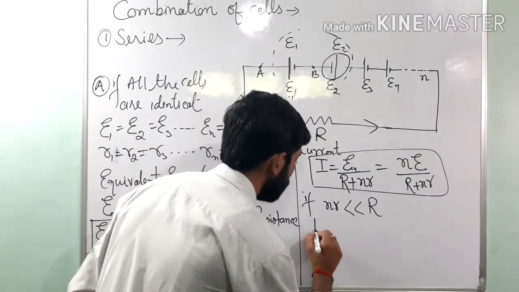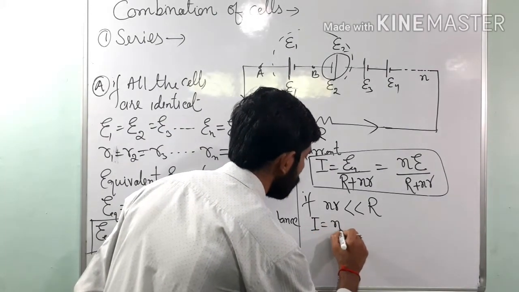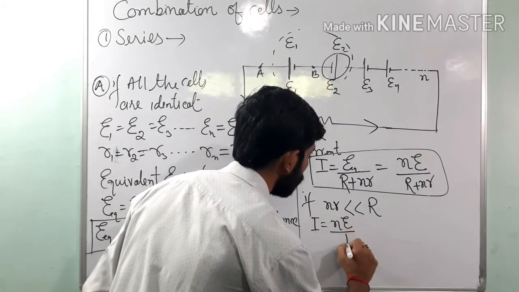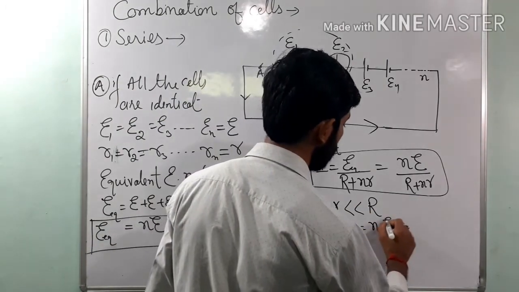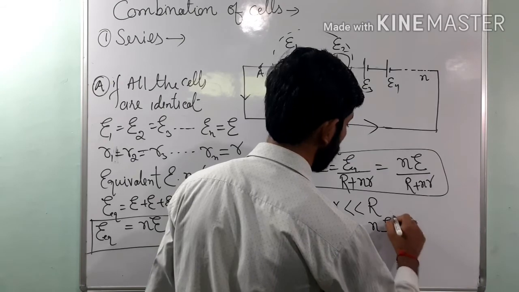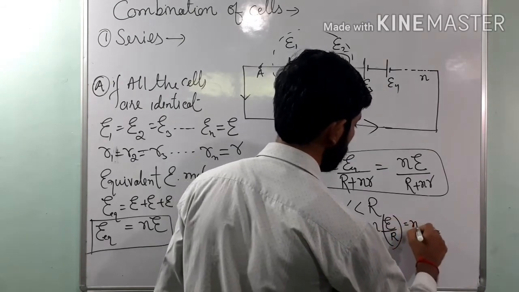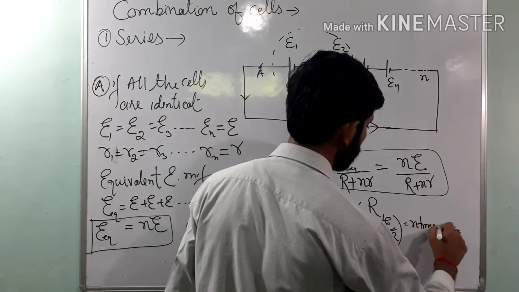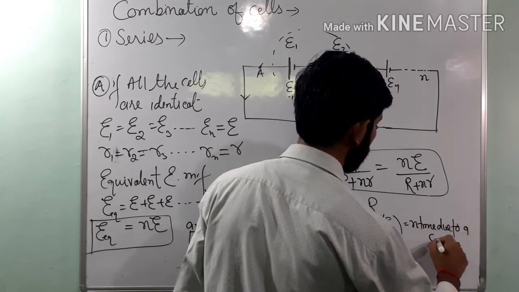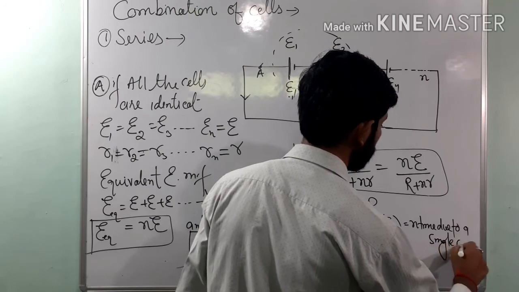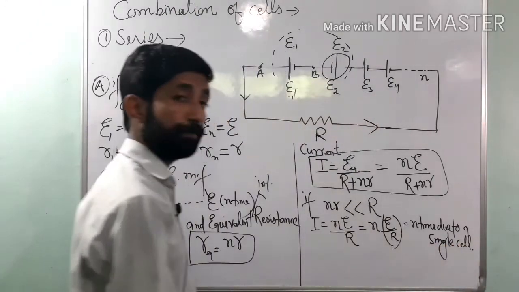Then the current becomes nE over R, that is n times the current due to a single cell.